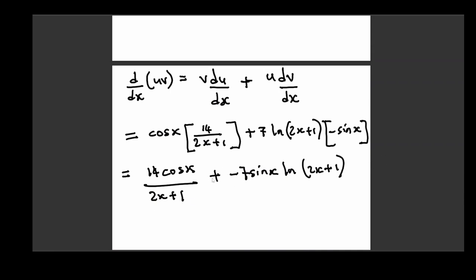And since here we have a plus and a minus, when a positive multiplies a negative, the ultimate answer is a negative. So our final answer in this case will be 14 cos x over (2x + 1) minus 7 sine x ln of (2x + 1).